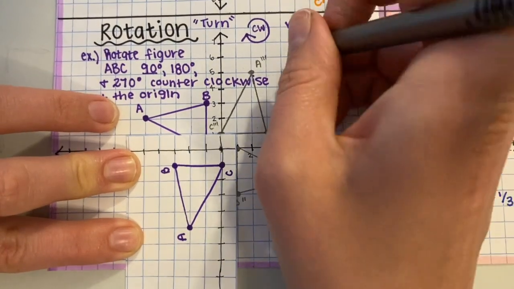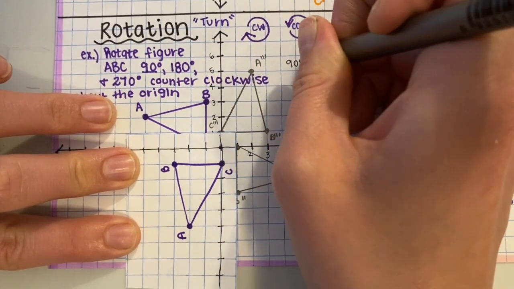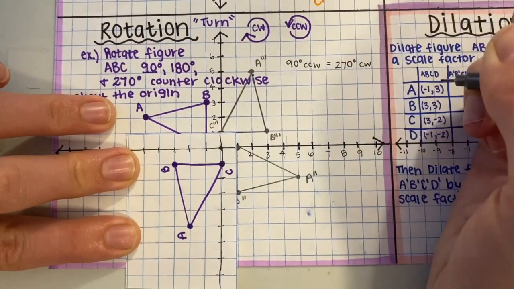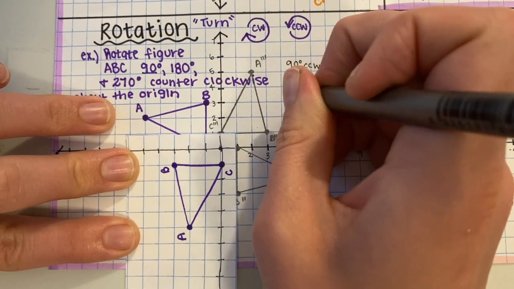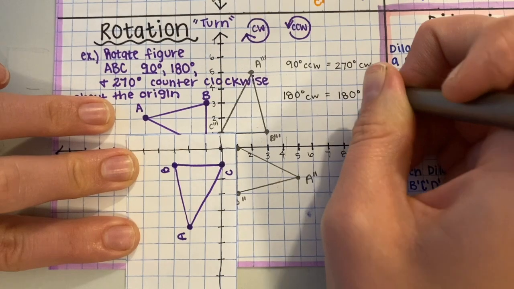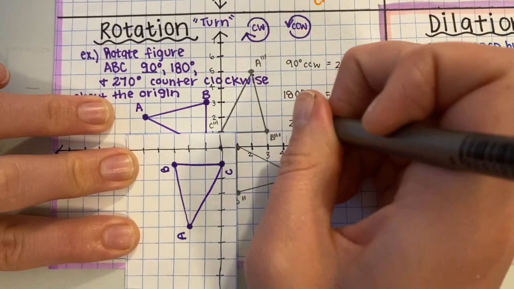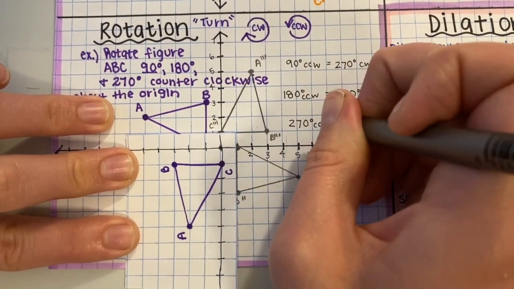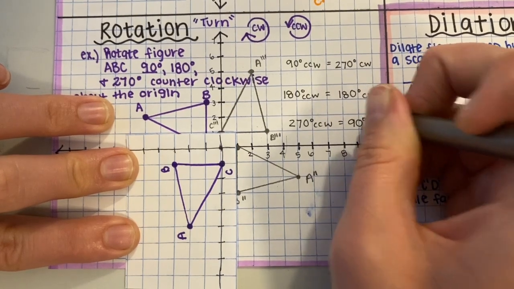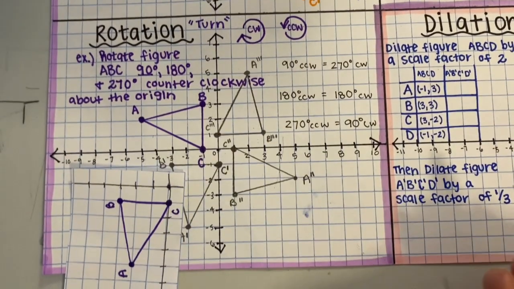So first I'm going to just write which ones are the same. 90 degrees counterclockwise is the same as 270 degrees clockwise. 180 degrees in either direction is equal. And then 270 degrees counterclockwise is equal to 90 degrees clockwise. And then 360, you're just going back to your original location.